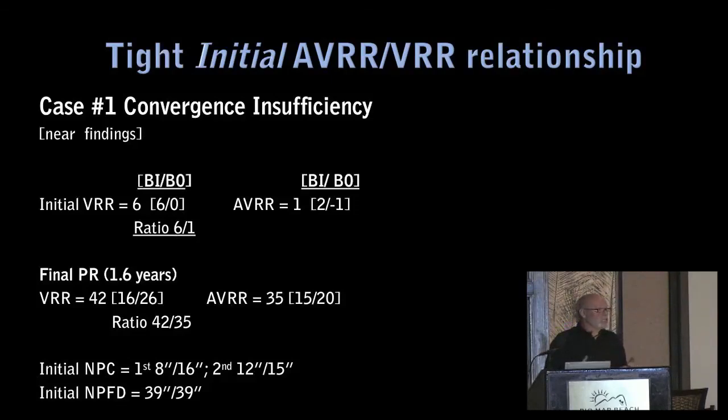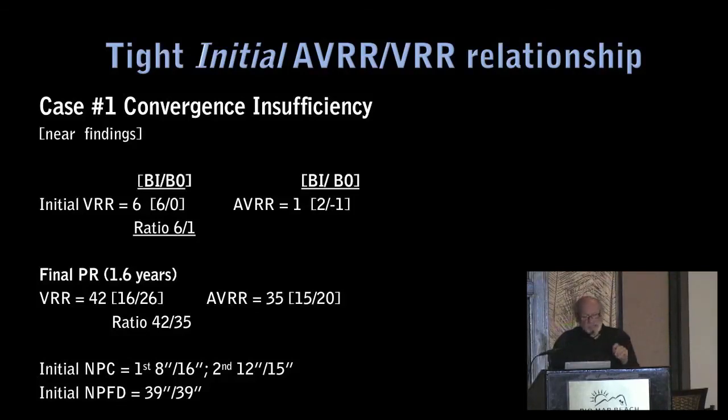And you'll see this in these case histories I'll get a chance to show you. This is case number 1. Although I'll show you the case histories at the end, you can always turn to case 1 to get a reflection of it. I wanted to show you a tight initial associated divergence recovery range and classic divergence recovery range. All of my case studies are convergence insufficiency.